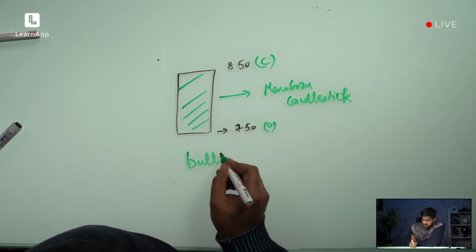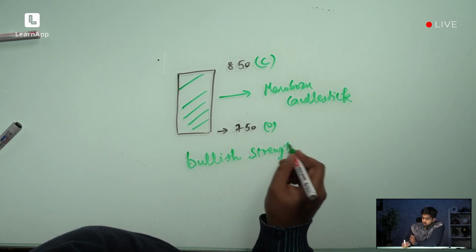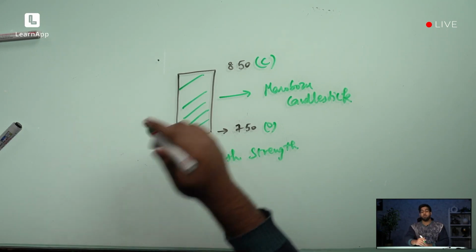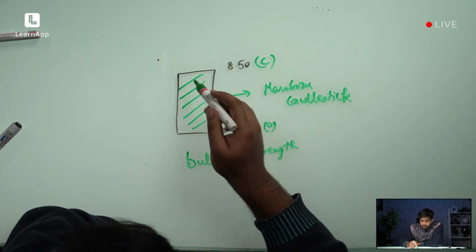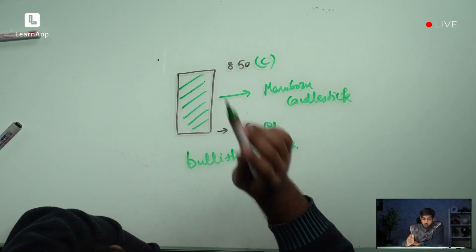This candle has a lot of bullish strength. Why? Don't remember it. Just follow the story of the candlestick. See, when I see this candle, some people will see just a green candle without wicks.